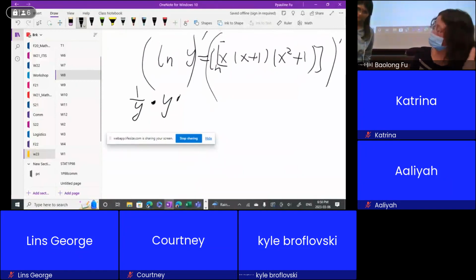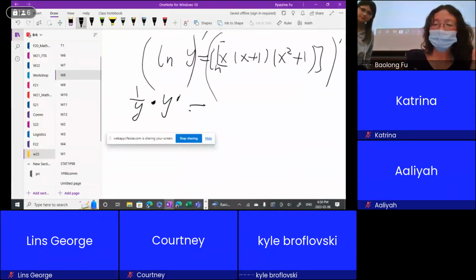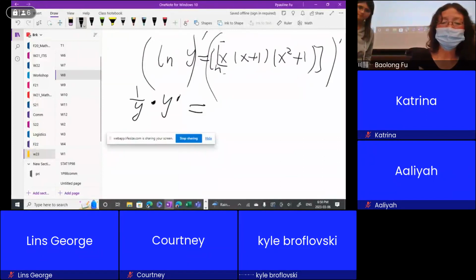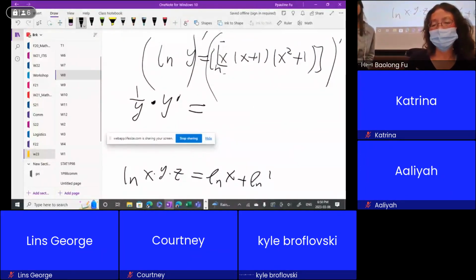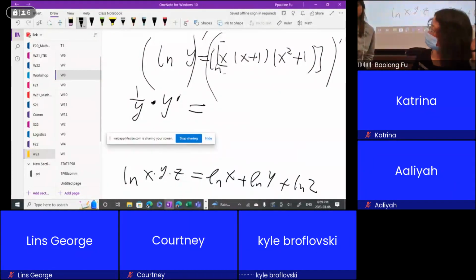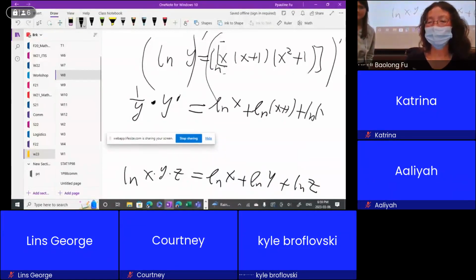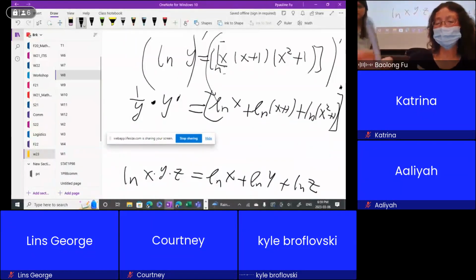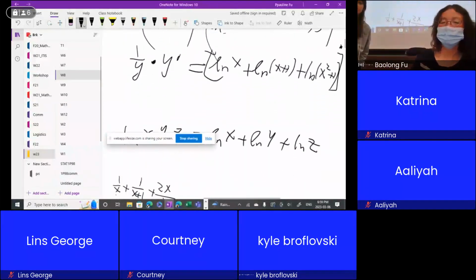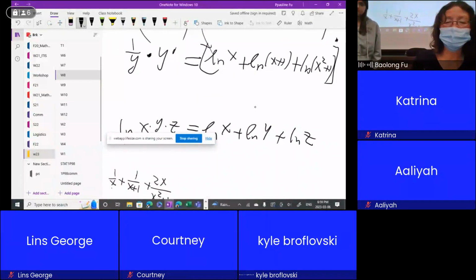This is the left-hand side. For the right-hand side, we use this rule: ln of x times y times z equals ln x plus ln y plus ln z. So this equals ln x plus ln of x plus 1 plus ln of x squared plus 1. This guy, we take the derivative. This is the right-hand side. And then copy down the left-hand side.